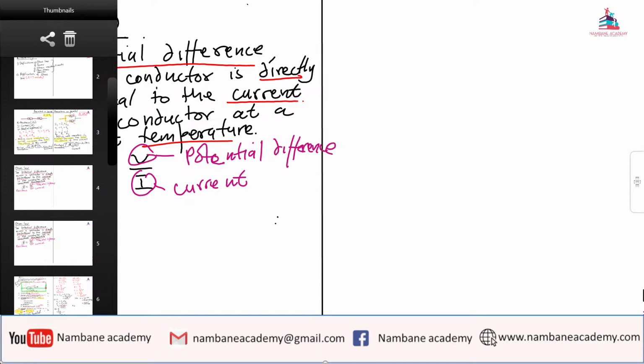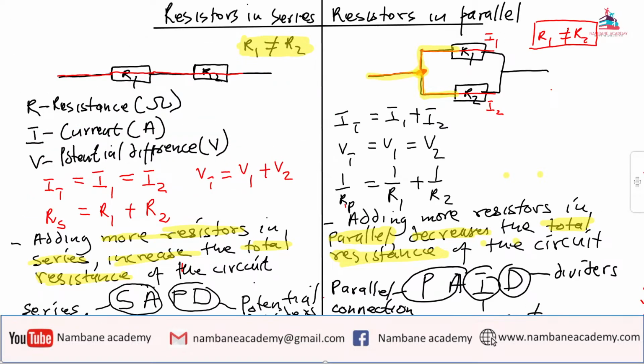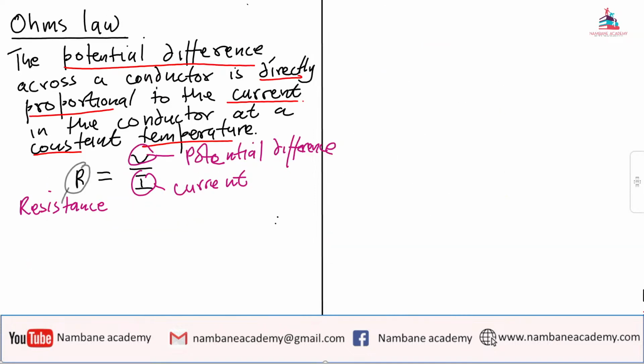R is equal to V over I. Ohm's law, we said, now other important equations or definitions. These definitions, we agreed, are ohmic resistor and non-ohmic resistor. So these two resistors actually relate to Ohm's law.